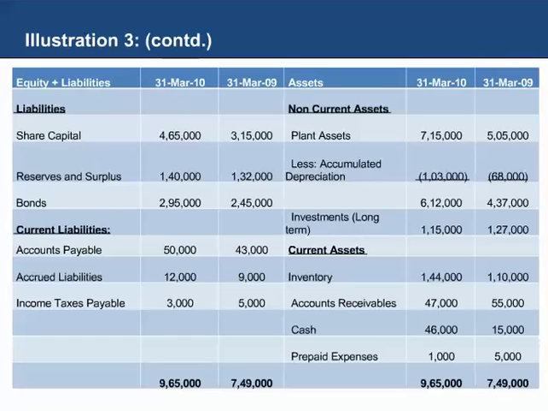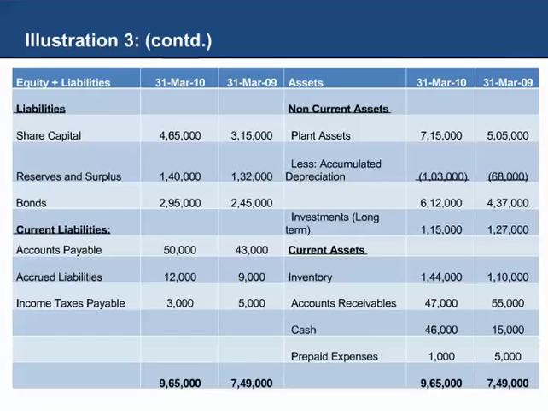On the non-current asset side, we have plant assets of 7,15,000 and 5,05,000, less accumulated depreciation of 1,03,000 and 68,000 in the previous year. Thus, the closing balance of plant assets is 6,12,000 in the current year and the opening balance was 4,37,000.